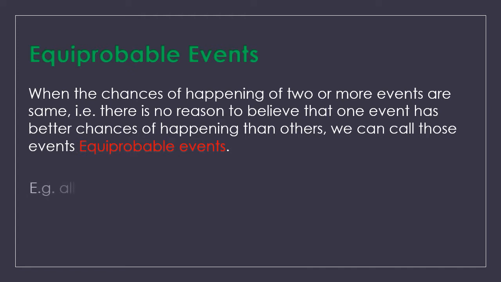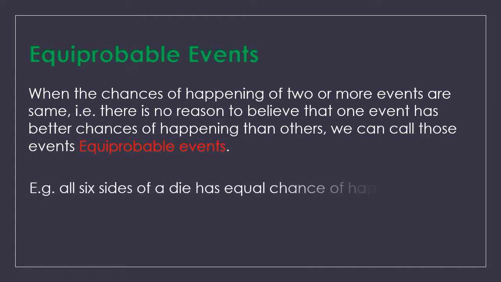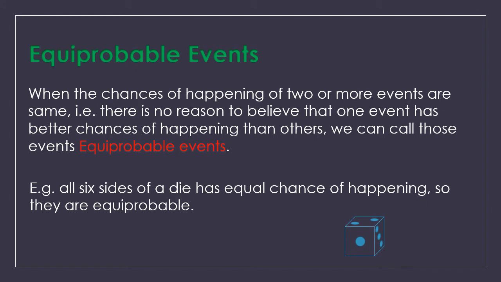Let us take an example here. All 6 sides of a die have an equal chance of happening, and therefore we can call those events equiprobable events. Okay, so equiprobable events means that all the events of a sample space or all the events of a set or group have equal chances of happening. Their value of probability is equal.